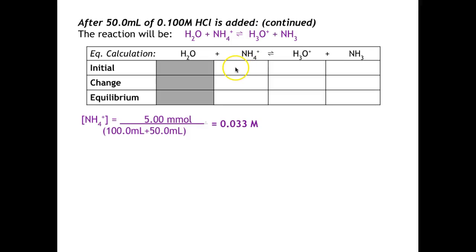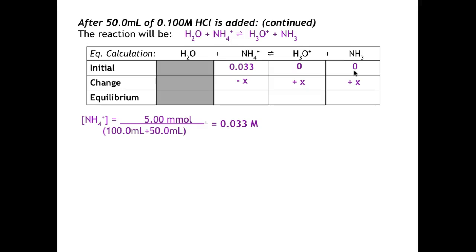And so we're going to have our initial concentration of our conjugate acid is 0.033. And we're going to have our initial concentration of H3O plus is 0, and ammonia is also 0 because it was at the equivalence point, so the stuff that was initially in the container has been consumed.